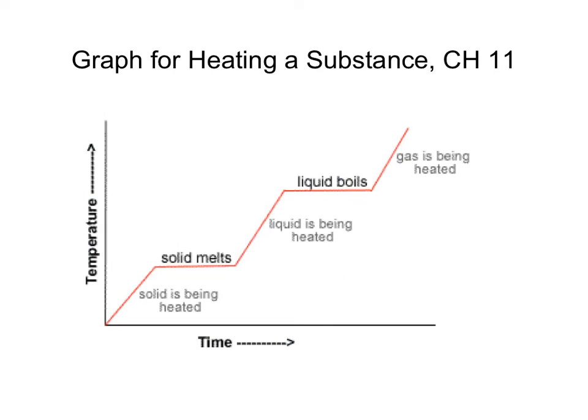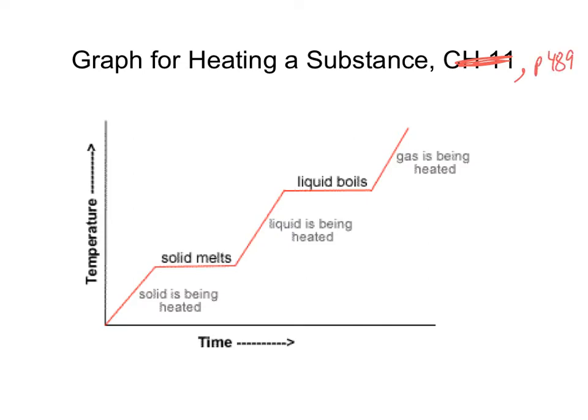So this is referred to as a heating curve. I don't know why you'd call that a curve, but that's what it's called. Heating curve, and then the next slide it's the cooling curve. And this used to be in chapter 11, page 489.